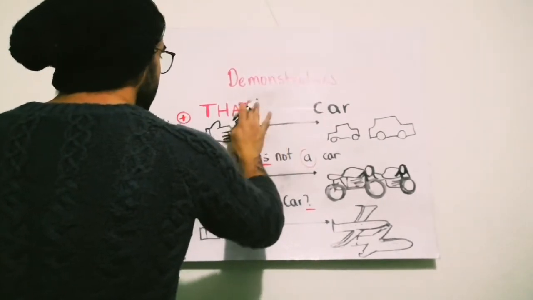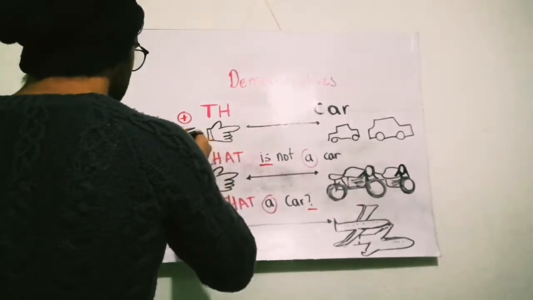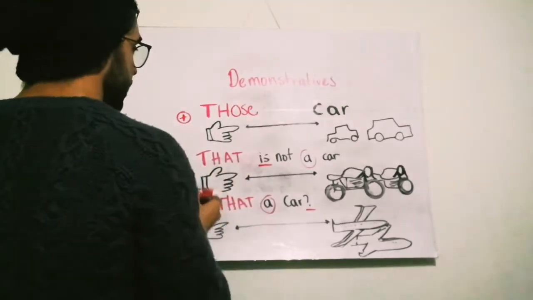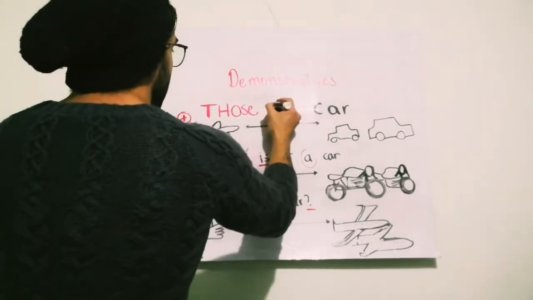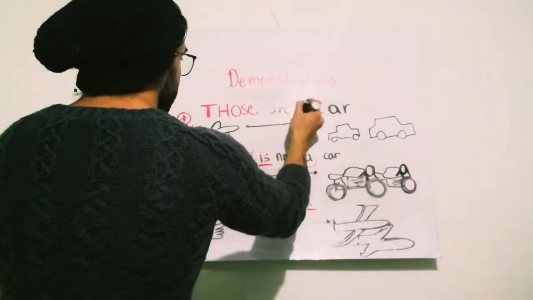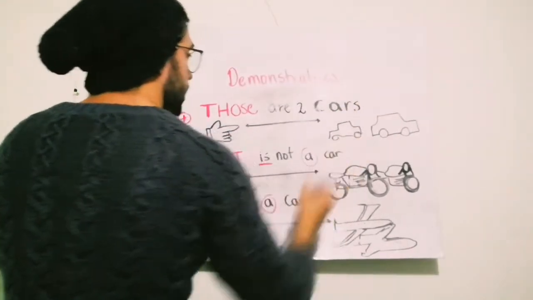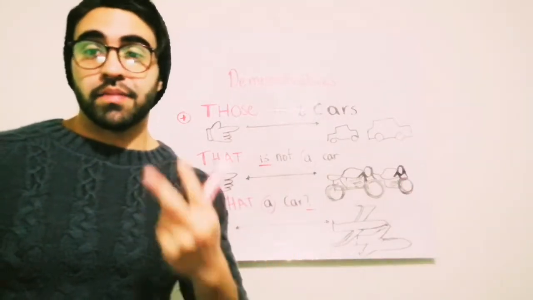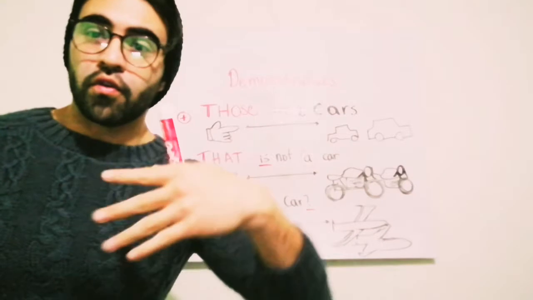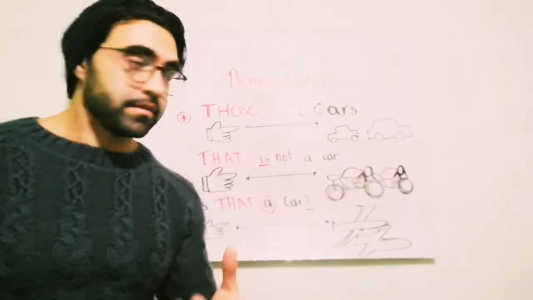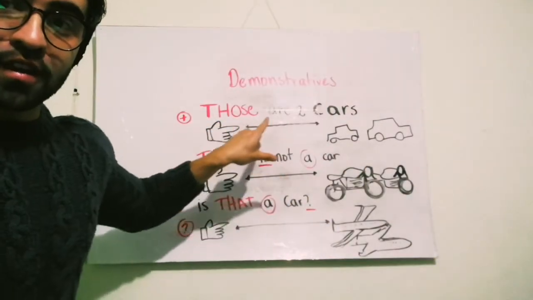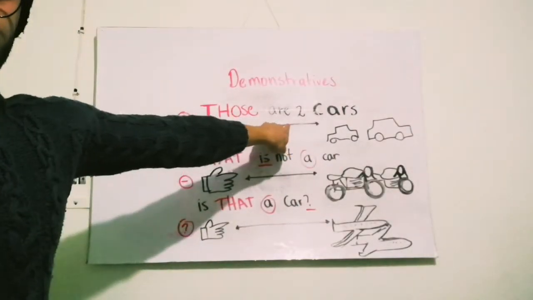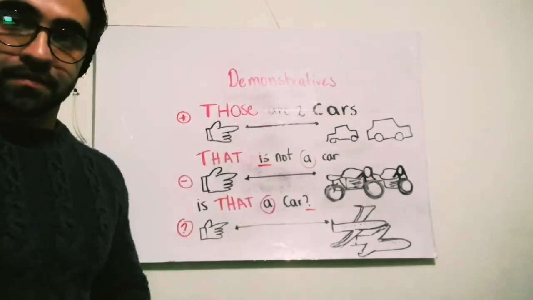And I say, those are two cars, right? Because in this situation we're talking about two or three or four or more because it's plural. So I say those, not that. Those are two cars, right?